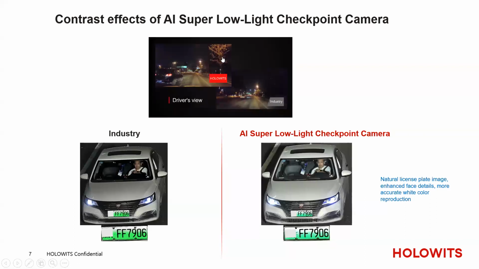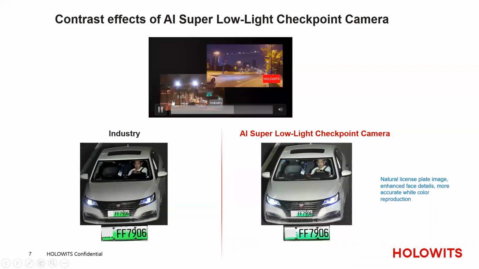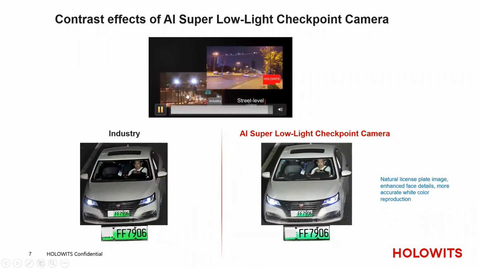Our technology is that we use the IR light and the white light to combine this to make full color images like this. You can see even there's no light, you can see the color of the car and the license plate and his face is very clear. You can see the people's behavior, like you can detect the seatbelt violations in the cars by using our cameras.